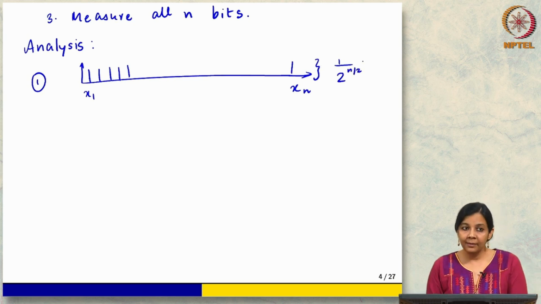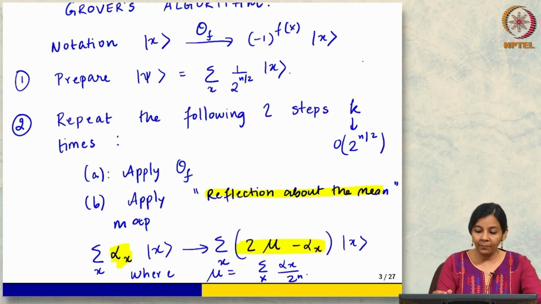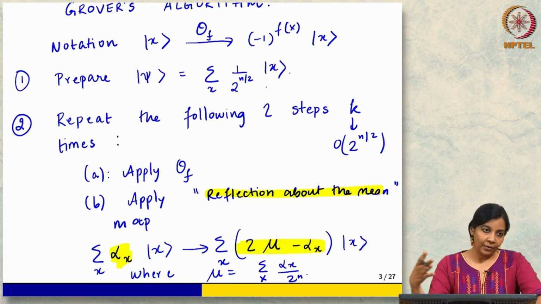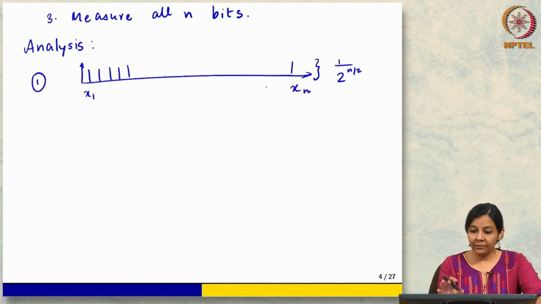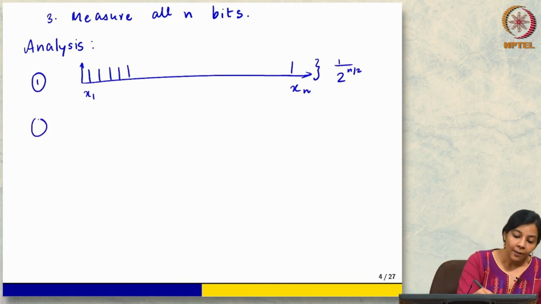Does everyone agree? This is just from this first step. I am preparing psi, which is this. So, it is a uniform superposition. The amplitude is equally distributed and it is just this. Everyone agrees? Okay, very good.